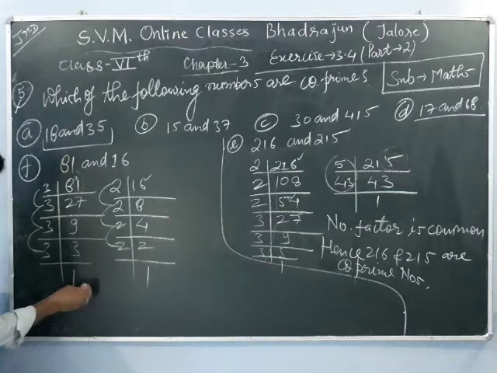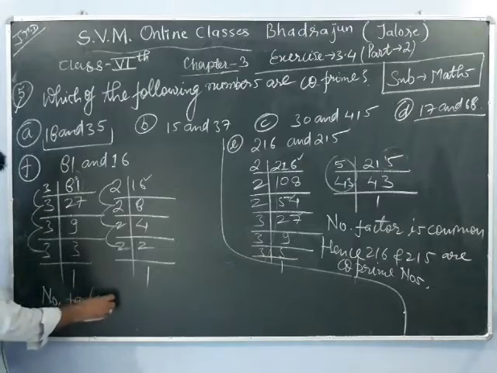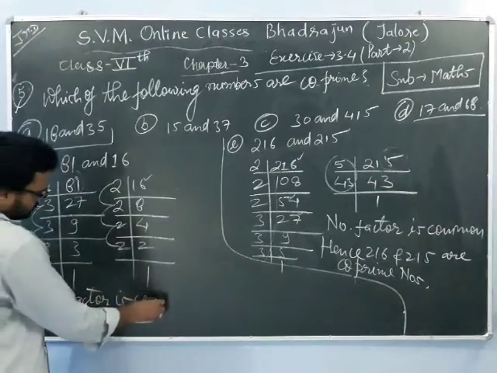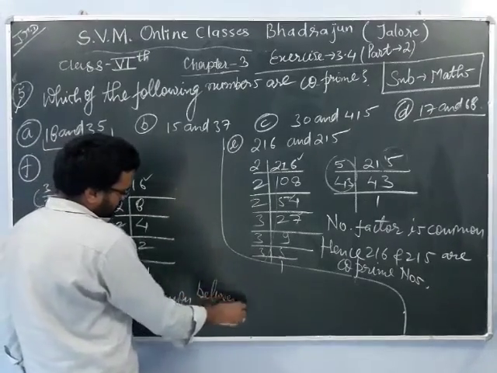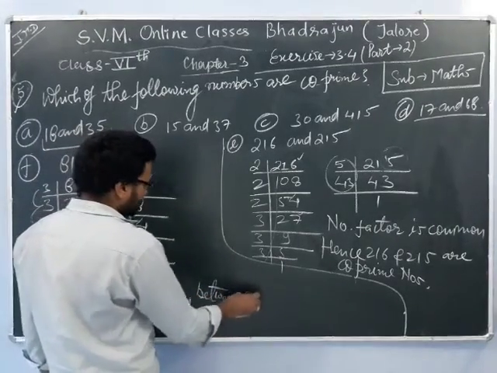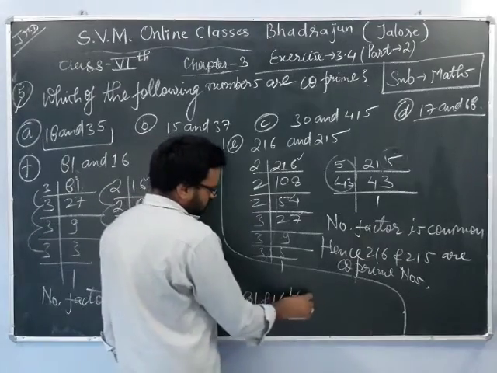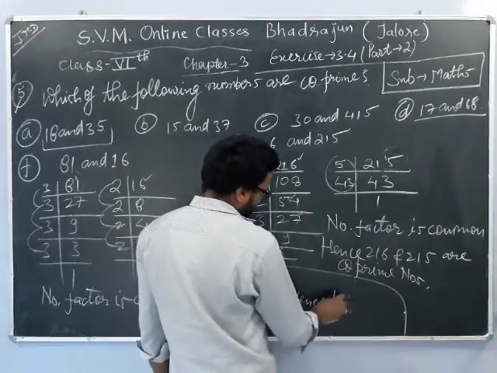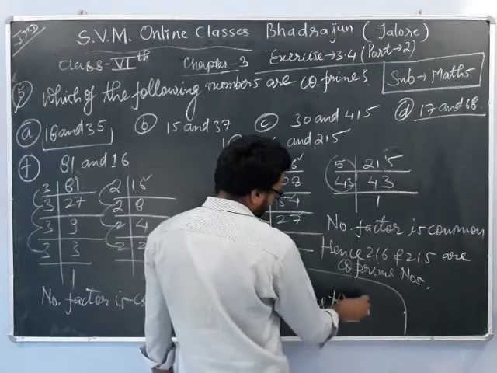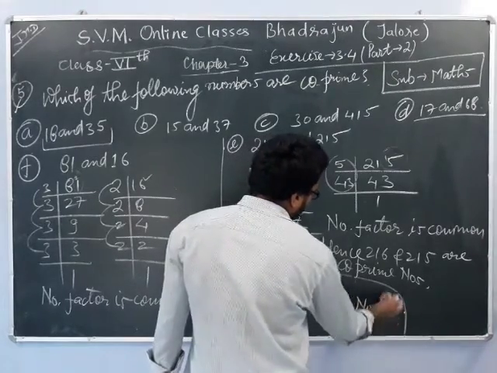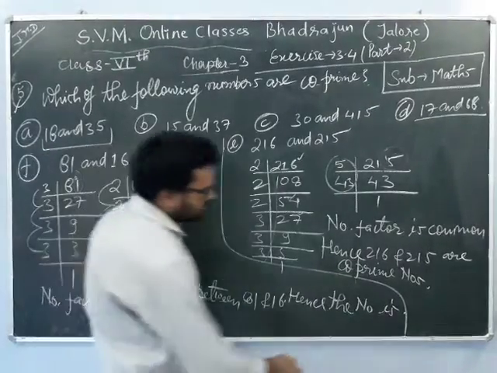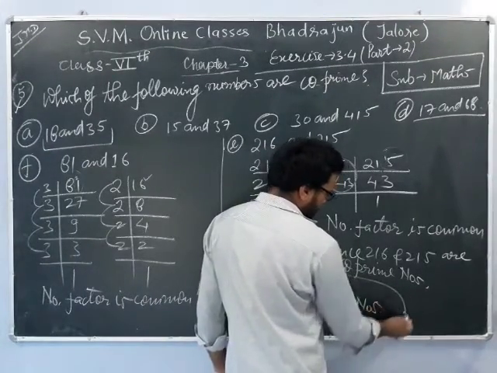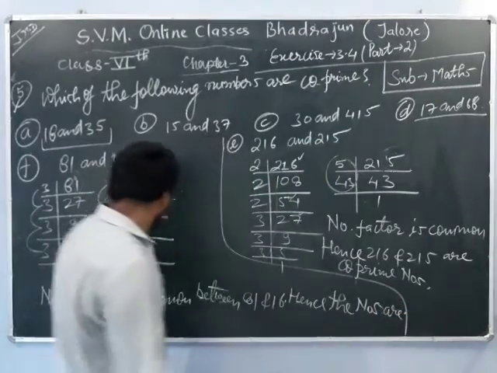So no factor is common between 81 and 16, hence the numbers are co-prime.